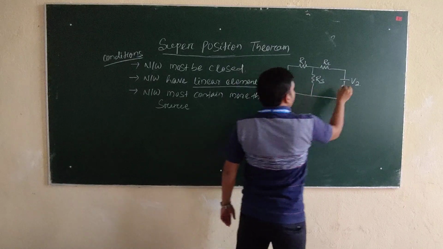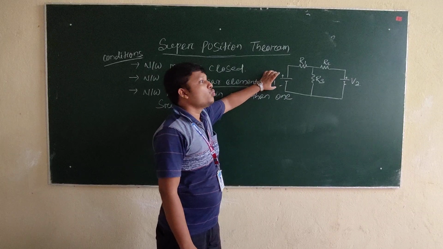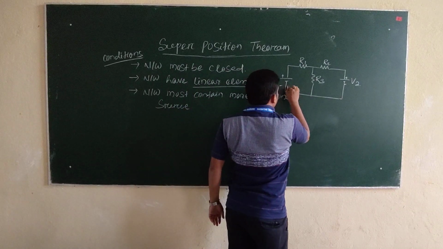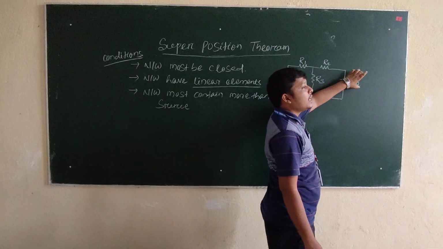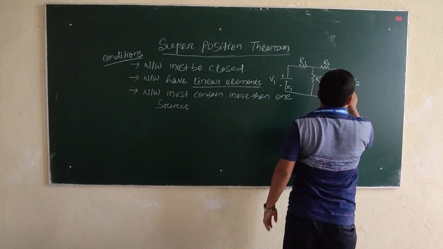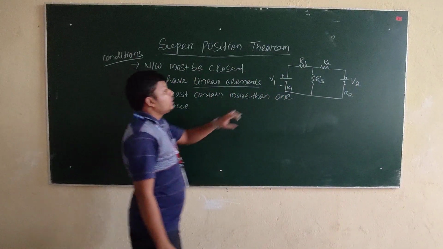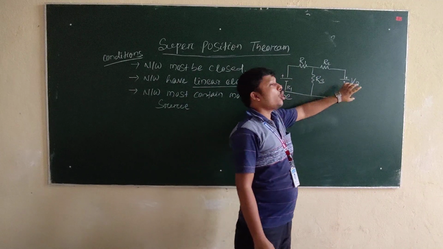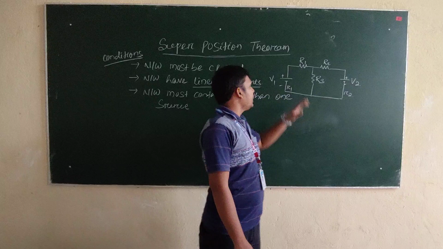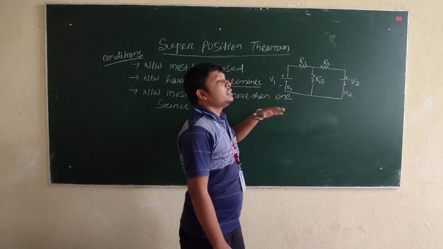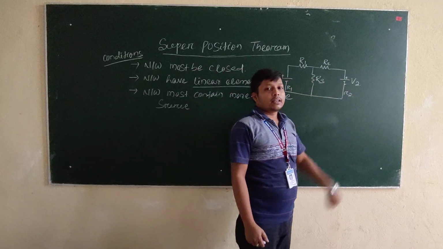The internal resistance of voltage source V1 is, let us say, small r1, and the internal resistance of the source V2 is small r2. Here the internal resistances are optional, they may be present or absent. We can neglect them; if present, then we have to take the internal resistances into account.